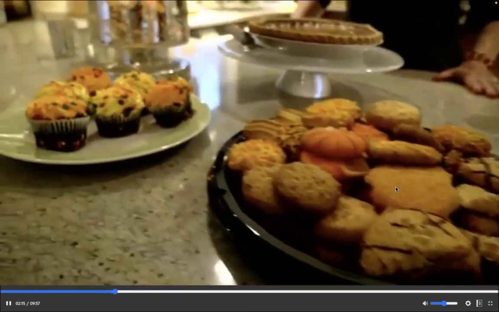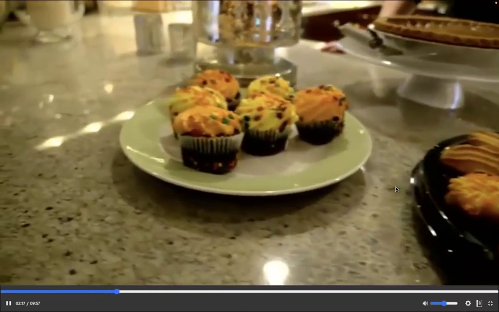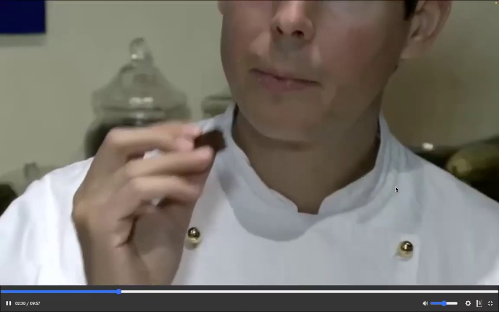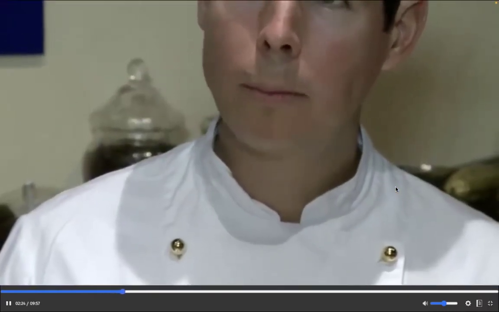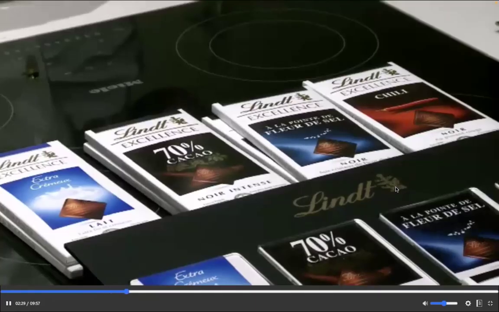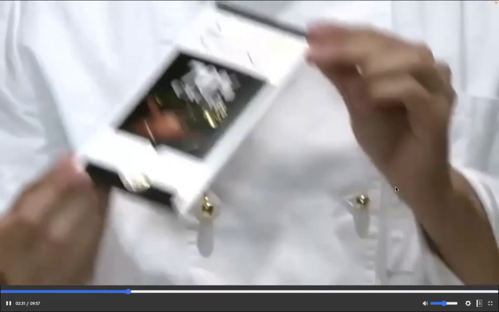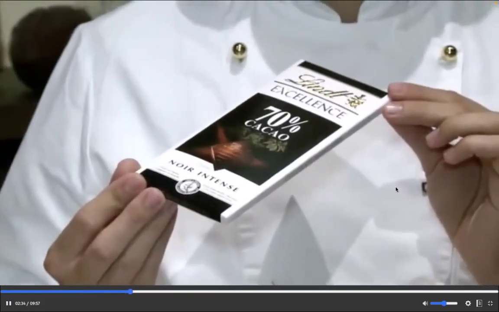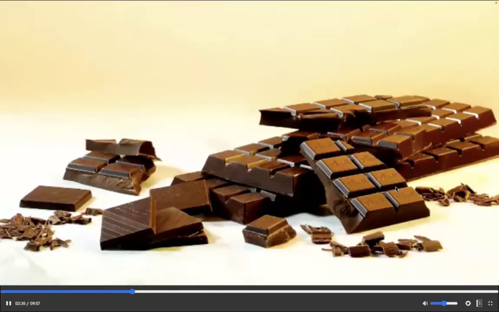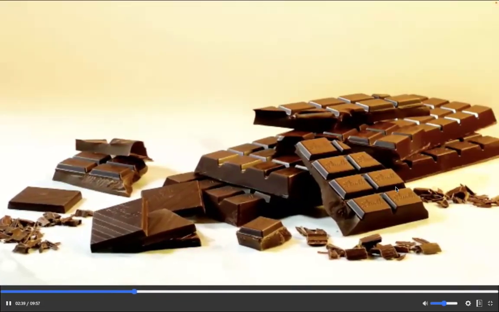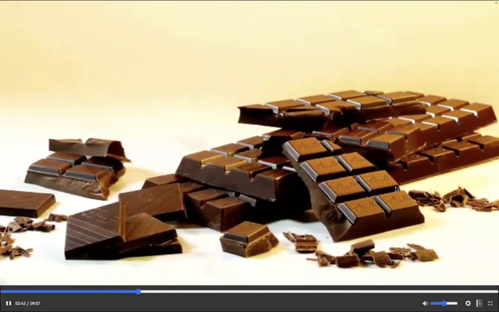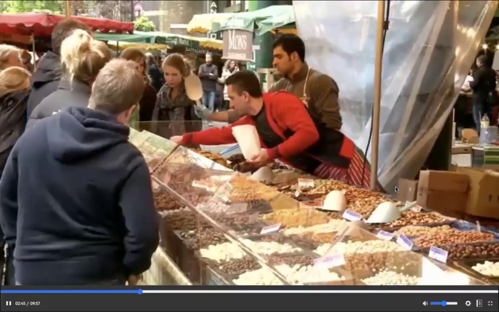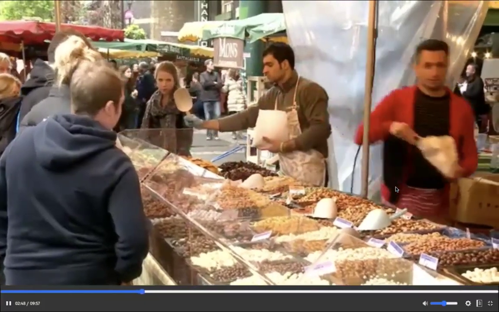While researchers tell us it's not a good idea to eat a lot of sugar, some experts say that eating small amounts of chocolate might actually have some health benefits. Dark chocolate with a high cocoa content contains healthy fats and a lot of minerals, and can help lower blood pressure and the risk of heart disease. It can also make you smarter and happier. No wonder most people love chocolate.